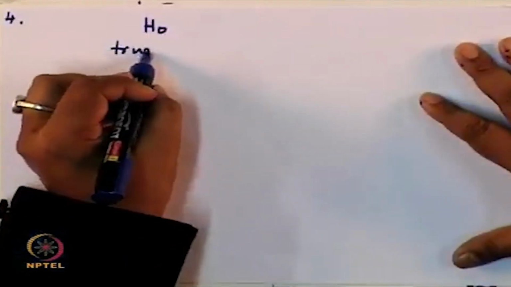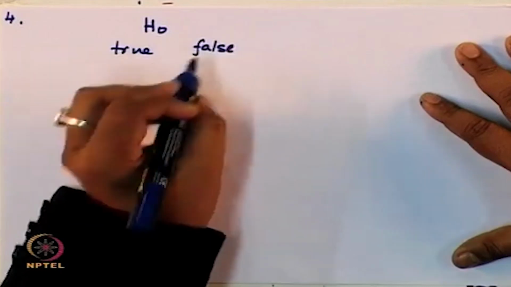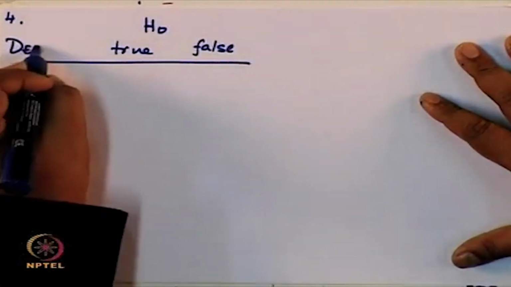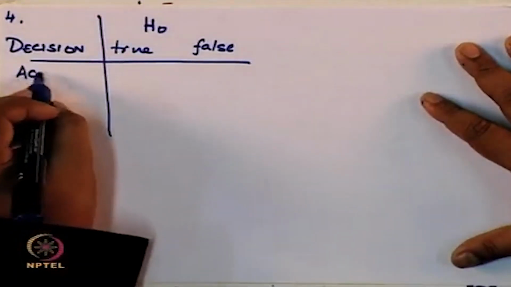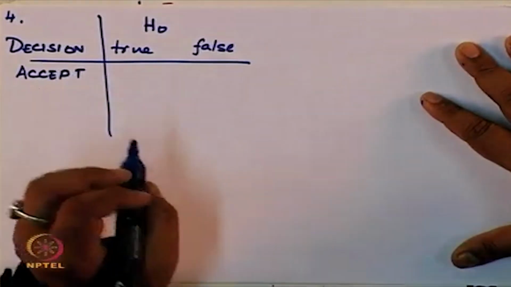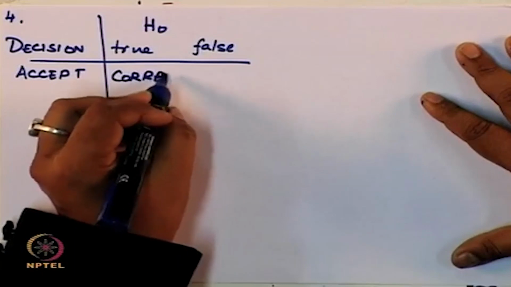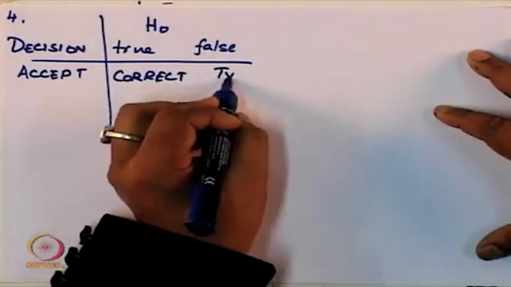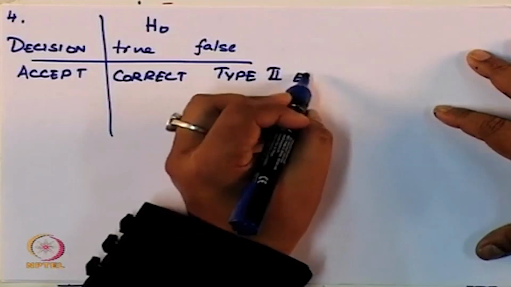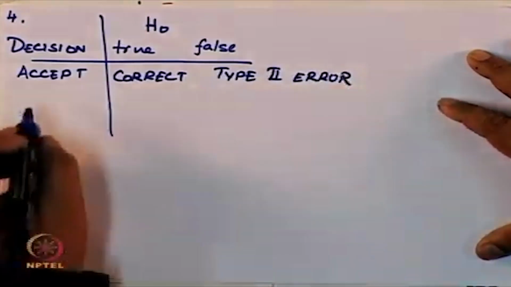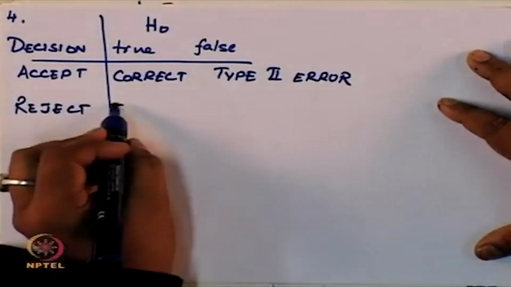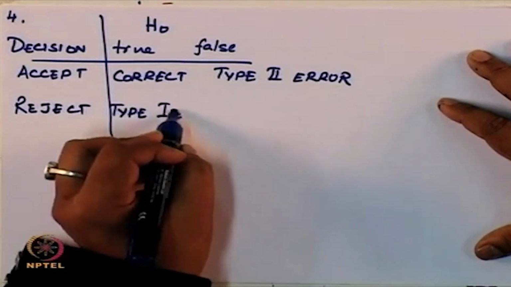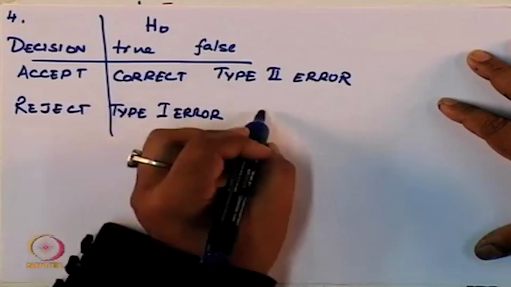So, if I were to write down this plot again, let us say you have H naught is true or H naught is false, and you have a decision. If you accept that H naught is true, so this is correct, but this is called a type 2 error. If your final decision is reject, this is your type 1 error, and this is correct.